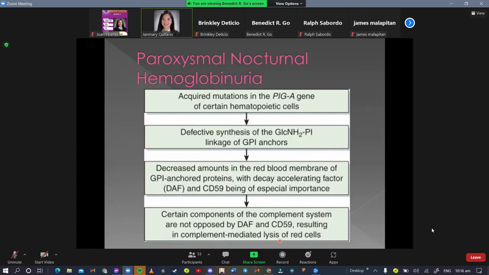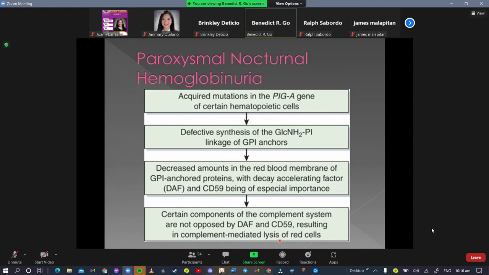Doc, I'll compose first my thoughts. During at night, Doc, there's increase in carbon dioxide and decrease in pH. Okay, that's right. You retain more of your carbon dioxide, make your blood more acidic. Okay. And later on, when you go into respiratory, you'll know actually why. But for now, I think that's enough for you to know. And the hemoglobinuria is because of the lysis of your red blood cells.